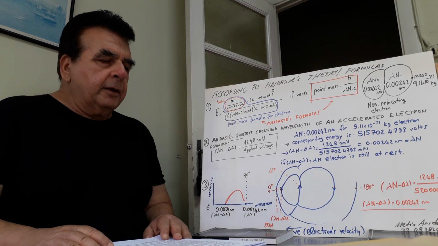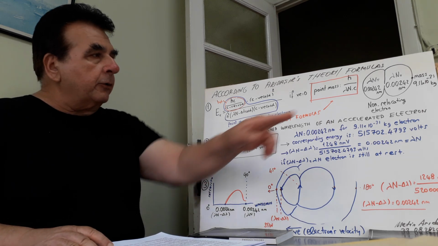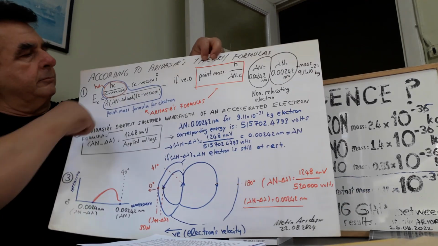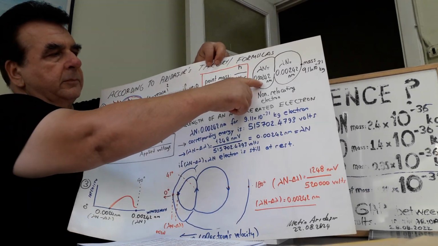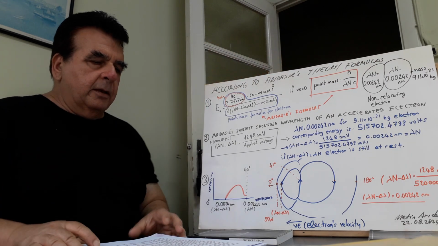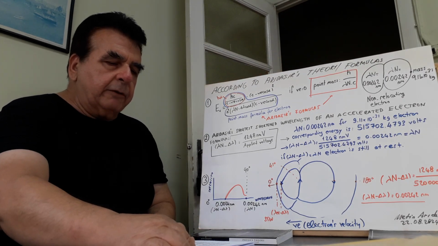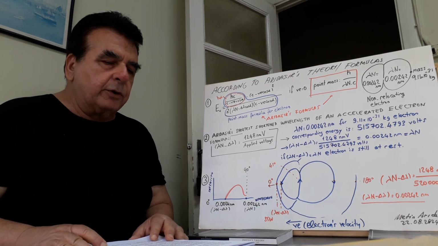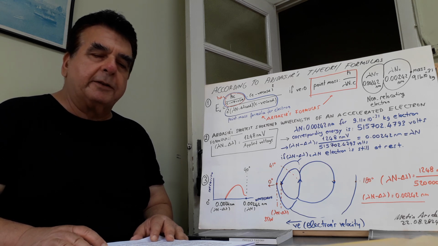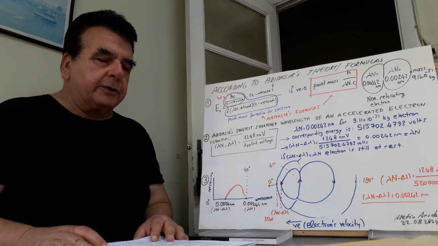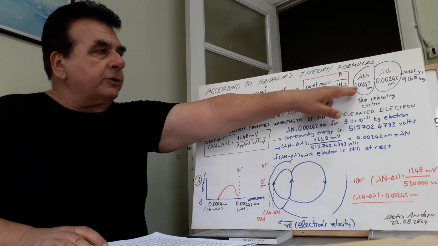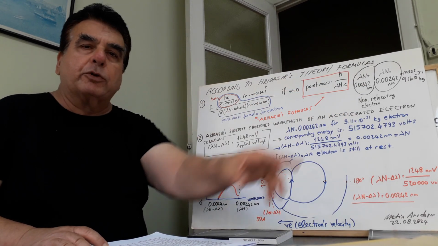1. The wavelength, radius, of an electron with a mass of 9.11 × 10⁻31 kilogram is 0.00242 nanometer.